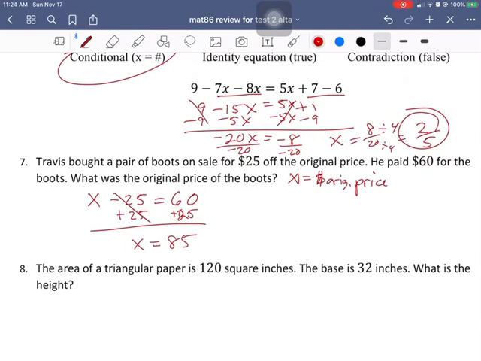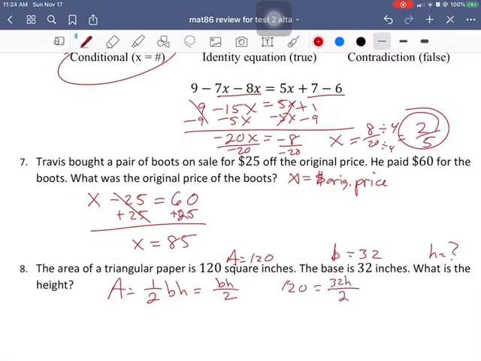Number 8 says the area of a triangle. Area of a triangle is 1/2 base times height, or base times height over 2. All right, the area itself is 120. The base is 32, and we don't know what h is. So 120 equals 32h over 2.